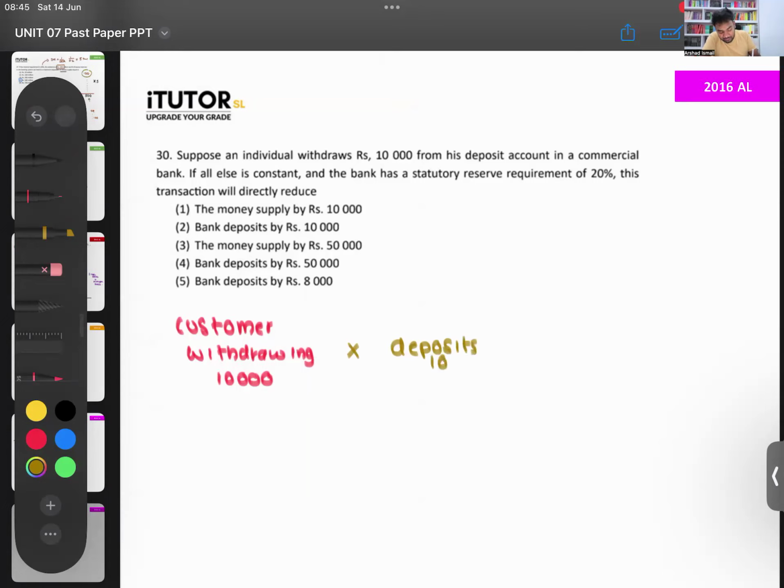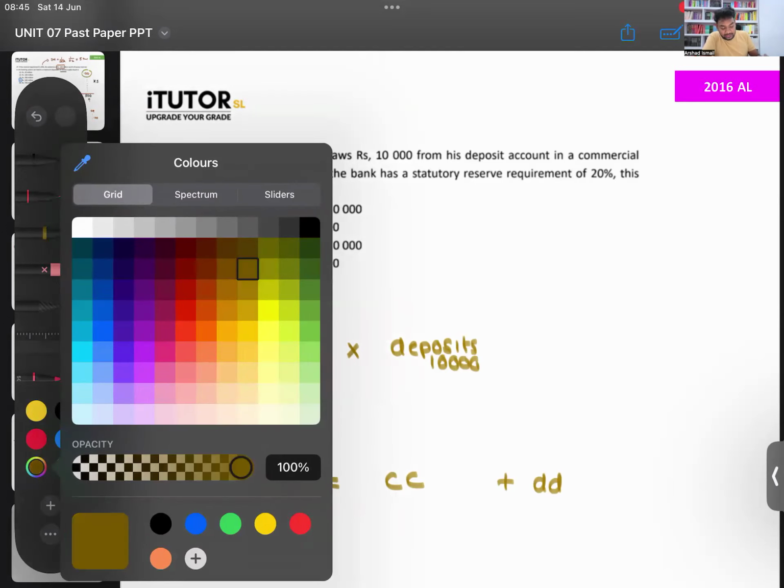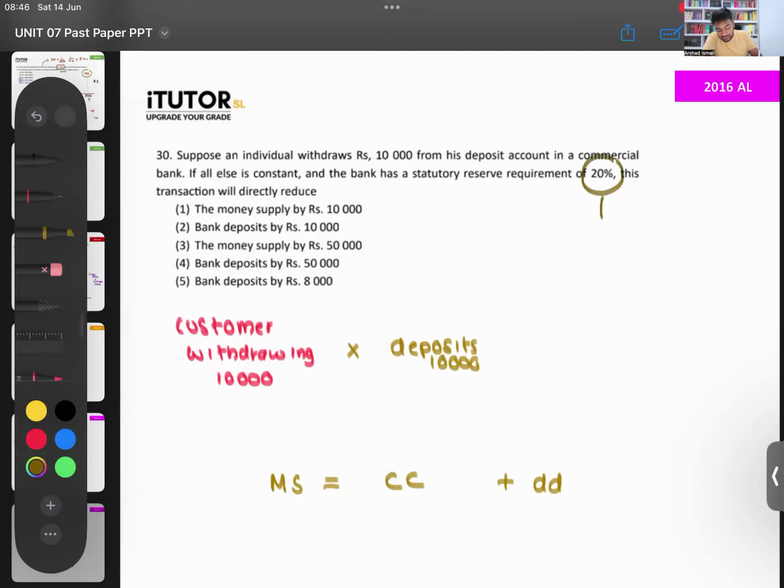So if he deposits 10,000, can you tell me how the money supply will change? That is currency held by public and demand deposits. If he deposits 10,000, if SRR is 20%, how much is my deposit multiplier? Deposit multiplier is 5 times.